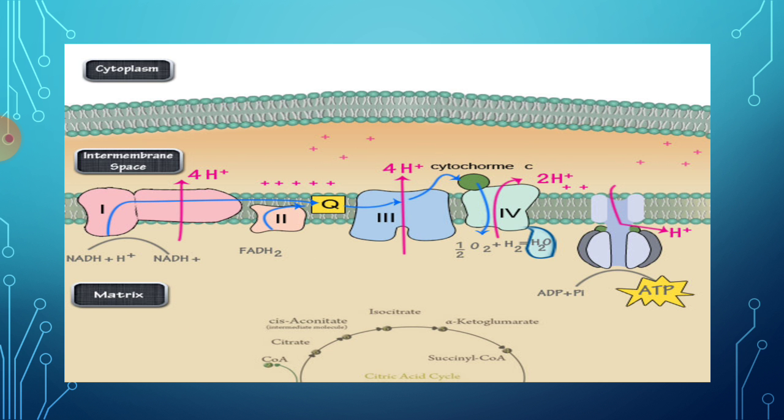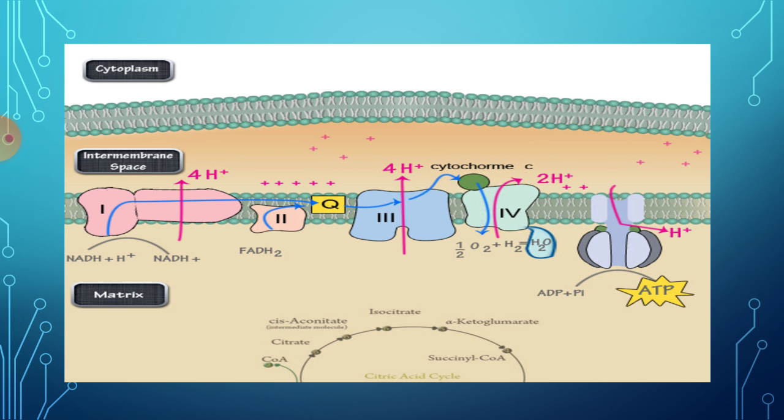From complex 1, 4 hydrogens or protons are transported from the matrix to the perimitochondrial space. Similarly, you can see another pink straight arrow mark, where 4 protons or ions are transported from the mitochondrial matrix to the perimitochondrial space through complex 3.